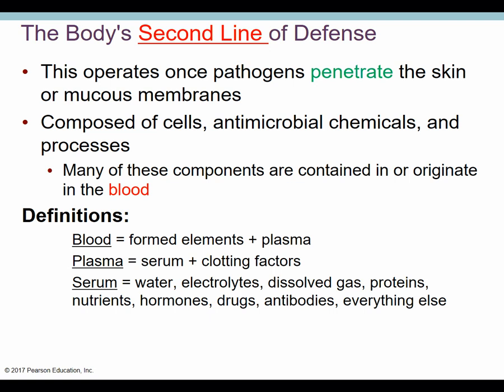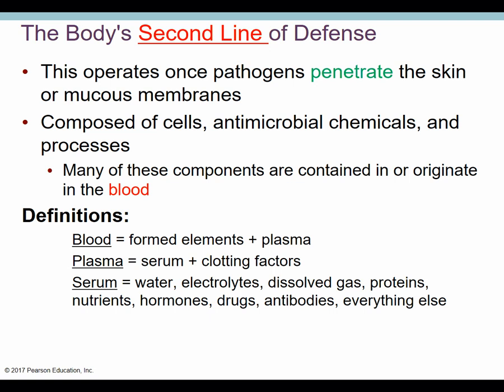And so I have a few definitions. Blood is defined as plasma, which is the liquid portion of the blood, plus the formed elements, which are the cells. And then you have to define plasma. Plasma is defined as the serum plus the clotting factors. So you have clotting factors that help your blood to form clots.